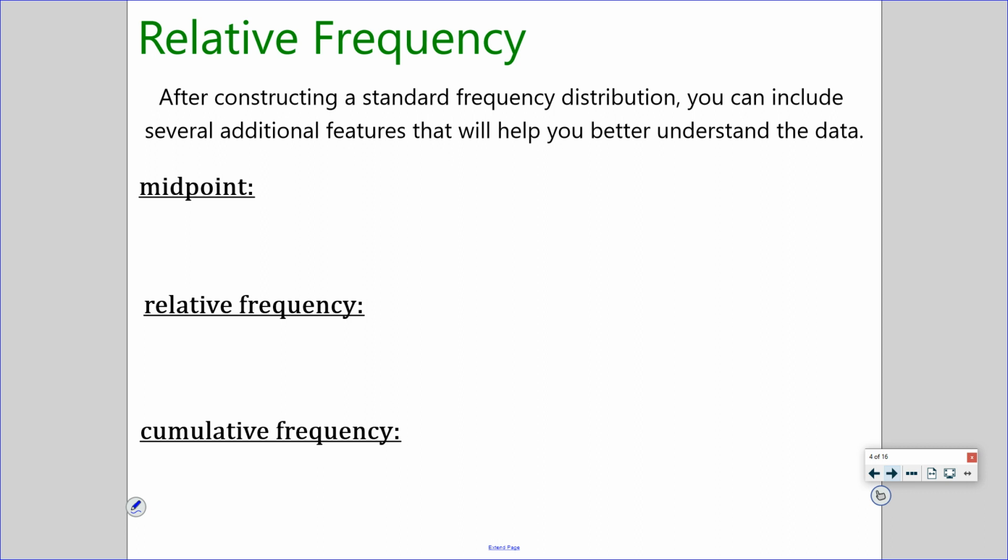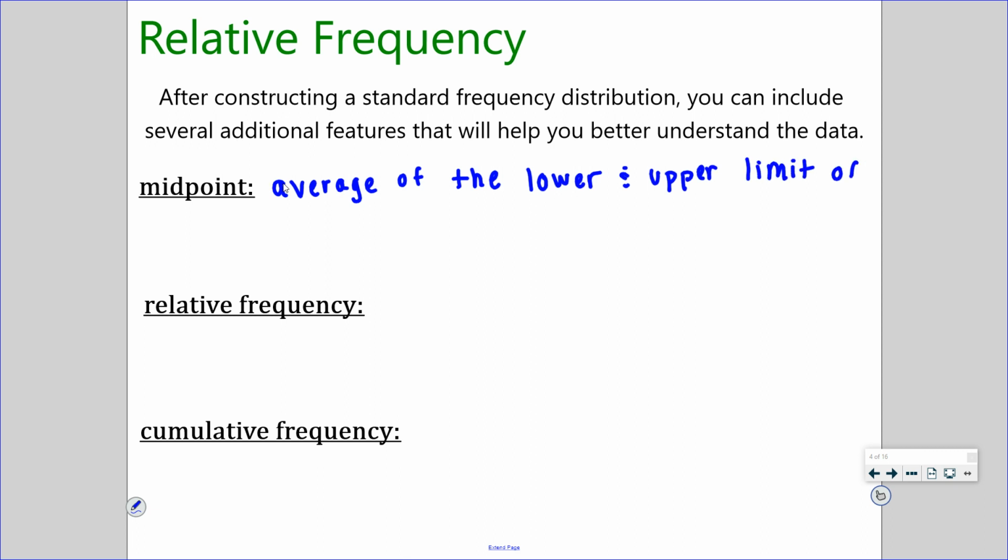Okay, we'll do an example. So for now, just put average of the lower and upper limit of each class.